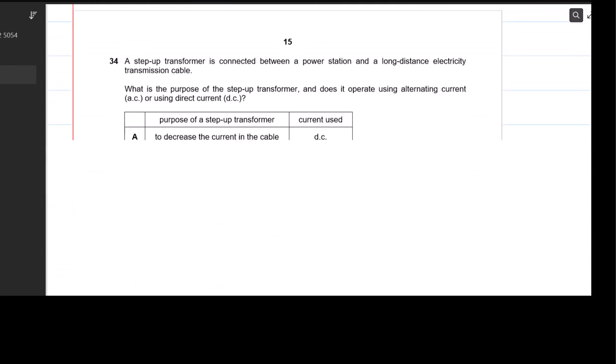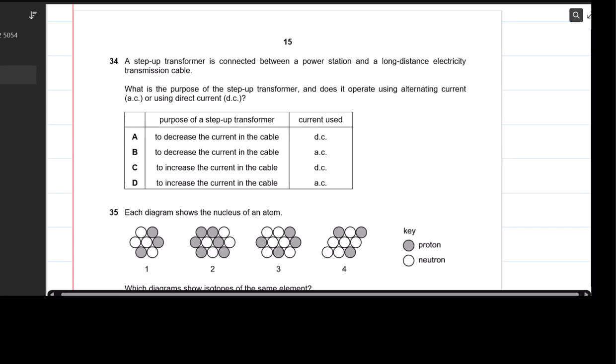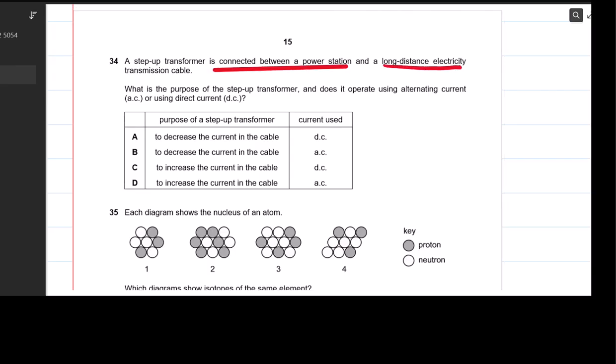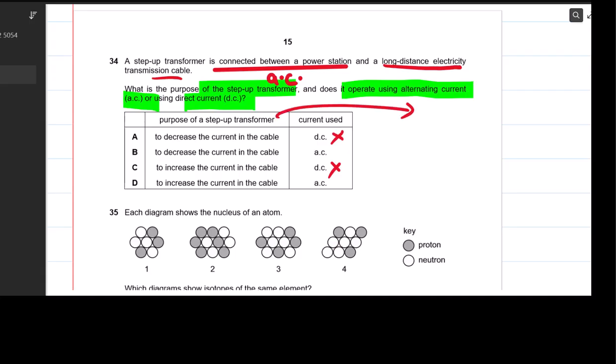A step-up transformer is connected between power station and a long-distance electricity transmission cable. What is the purpose of step-up transformer, and does it operate using alternating current or using DC? So first of all, step-up transformer or step-down transformer, it works on AC. So these DC options are wrong, current used is AC. So purpose of step-up transformer is to increase the voltage.